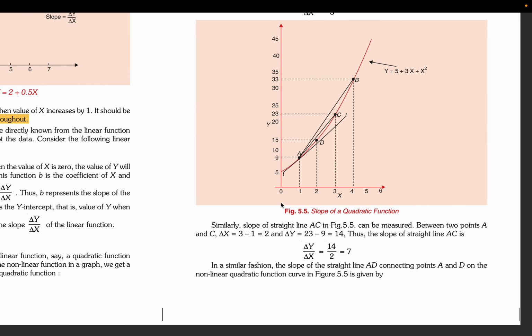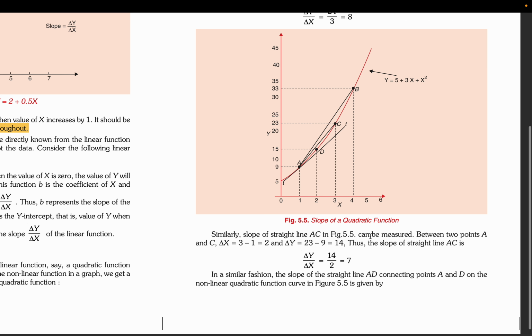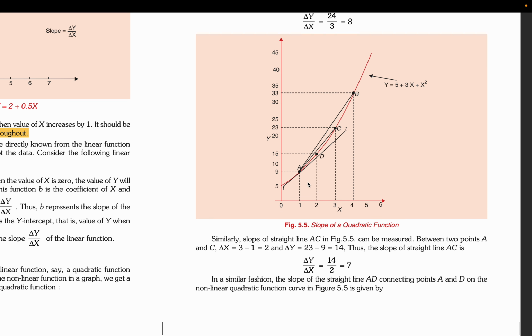Similarly, the slope of a straight line AC in figure 5.5 can be measured. For AC, talking about y first, because it is delta y upon delta x, it moves from 9 to 23. So there's an increase, but we don't need to care about the increase and decrease for now.